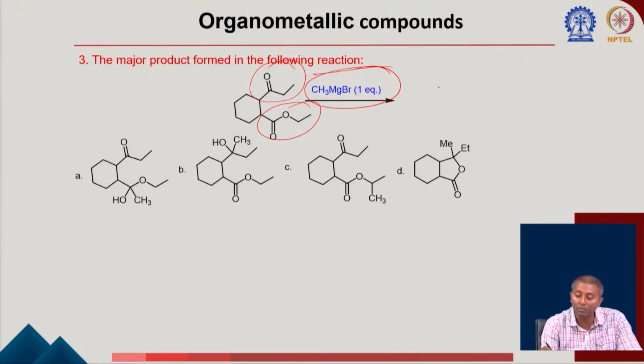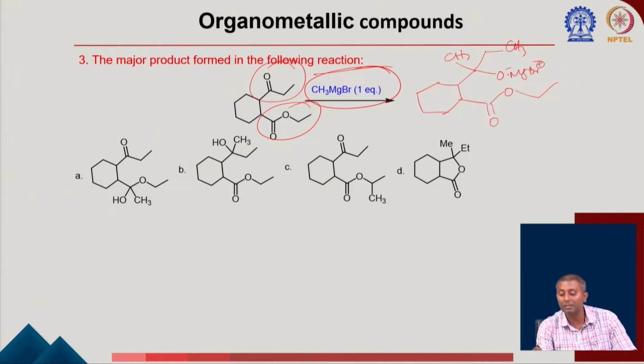So the Grignard is going to add to the corresponding ketone, and you will end up forming this O minus magnesium Br plus, with a CH3 here and a CH2CH3 here. And then what do you have? You have added only one equivalent, as mentioned. Now at this stage, what is going to happen?